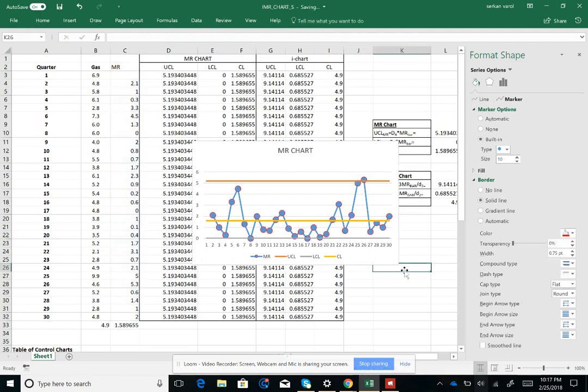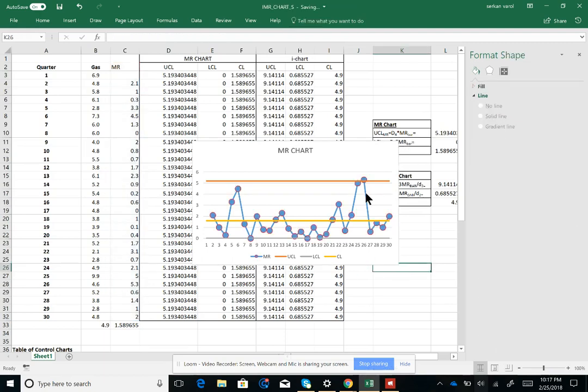But it's easier, because this tells me that my process is out of control. Why is that? Because I have those red circles outside of my limits. The orange line that you see is my upper control limit, and this gray line that you see is my lower control limit.